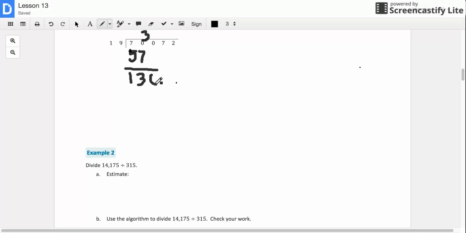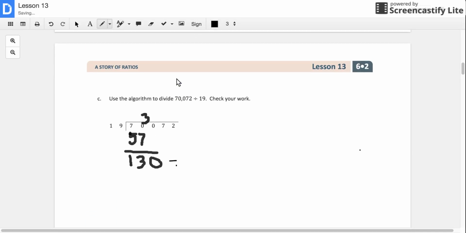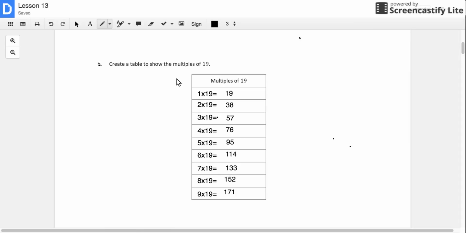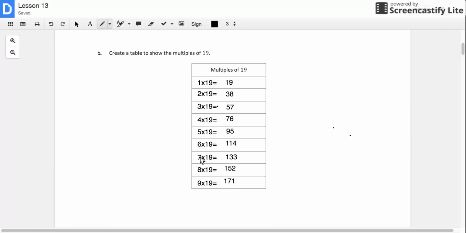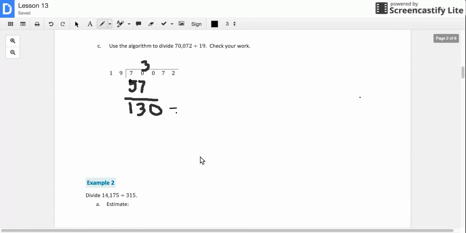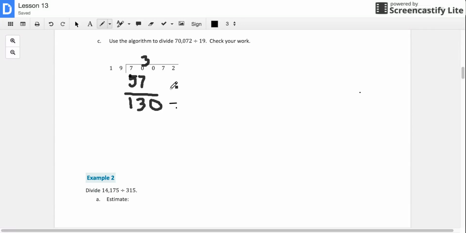So we're going to bring down the 0 and see if we have 130, how many times can we fit groups of 19 in there? Oh, 7 is too big. So we can do 6 groups. That means we're going to make 6 groups. 6 times 19 is 114. All right, this pen tool is too fat. I'm going to need to pause it.